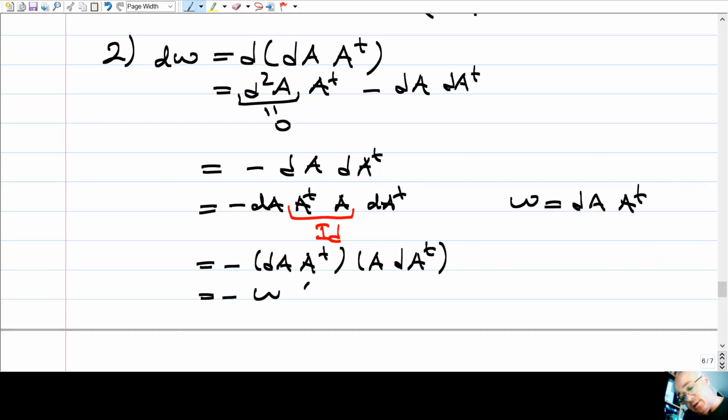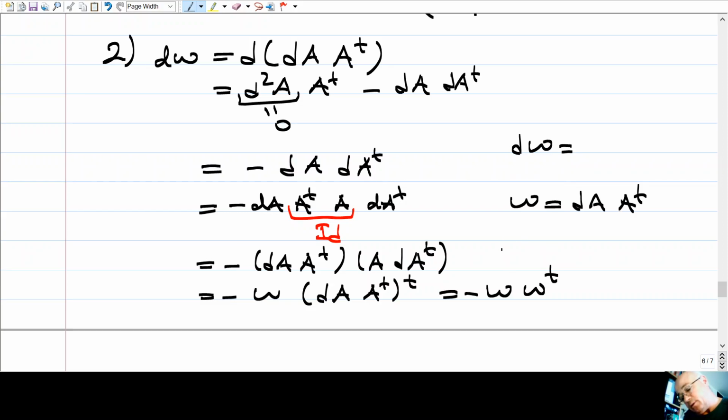What about this? I can write this as dA and then A transpose transpose, right? When I take transpose, I get this and then this gadget. Yes, so this is just minus omega times omega transpose. But omega is, right, what is d omega?